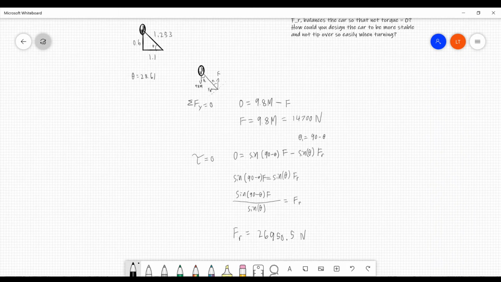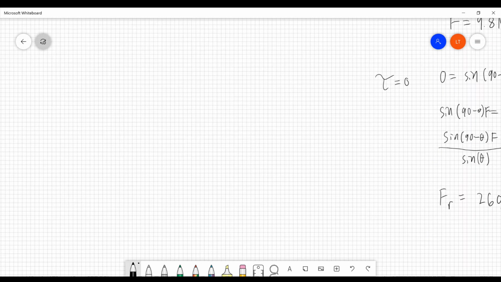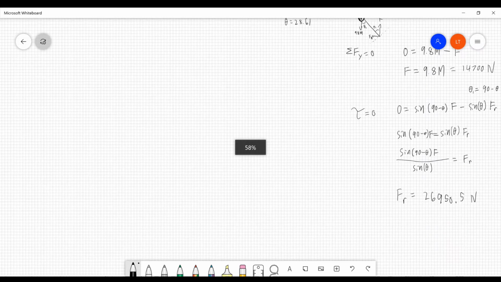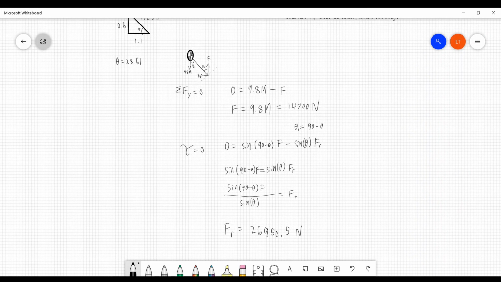If you take the sine, this will give us the perpendicular component to the radius. So we do sine of 90 minus theta for the outside part actually here, and then minus sine of theta times the centripetal force.